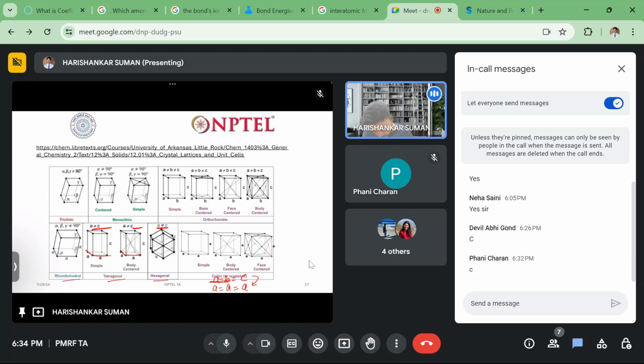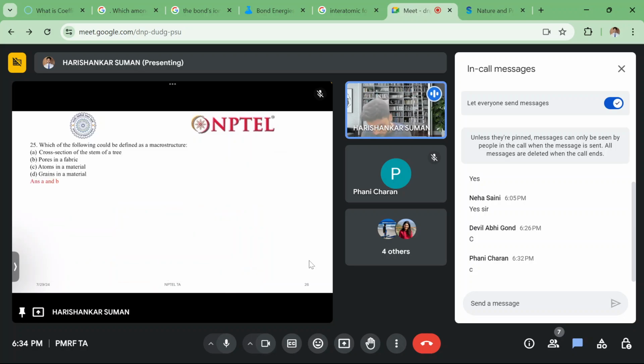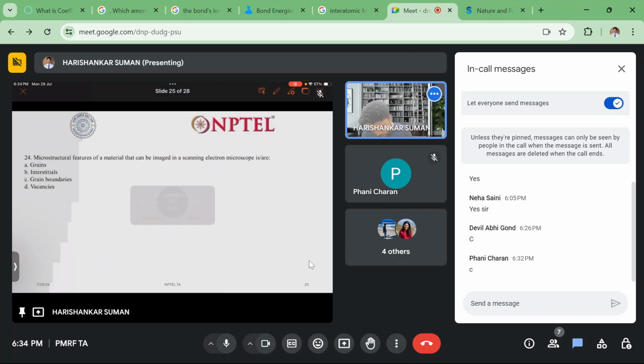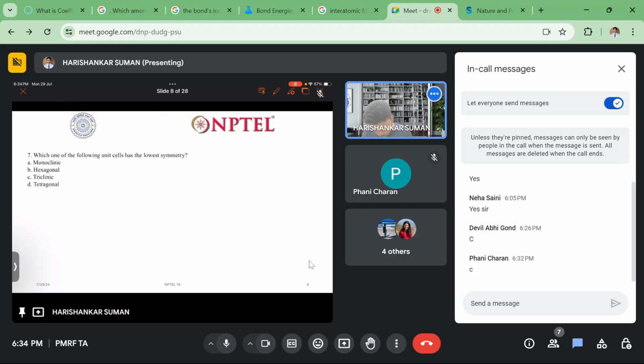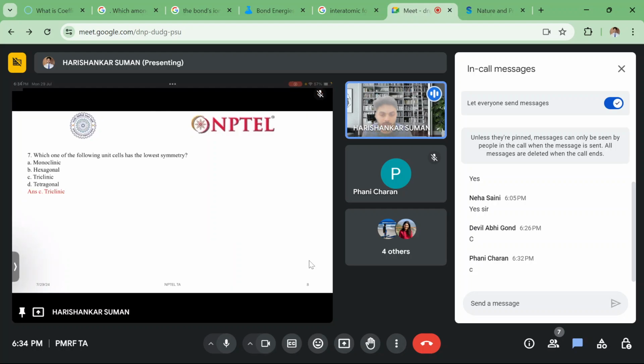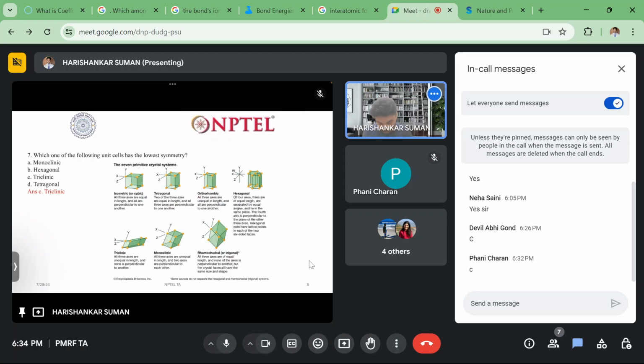For rhombohedral, we can see a, b, c are equal, but the angles are not equal to 90. So please learn or remember these relations. Okay, so let's come back to your question. So the answer is triclinic.